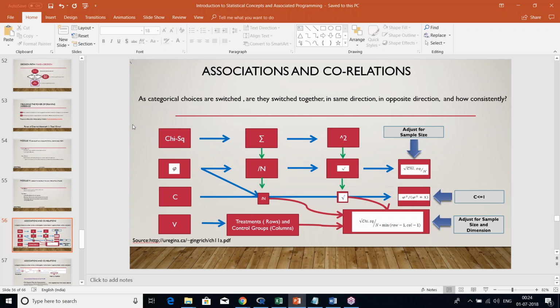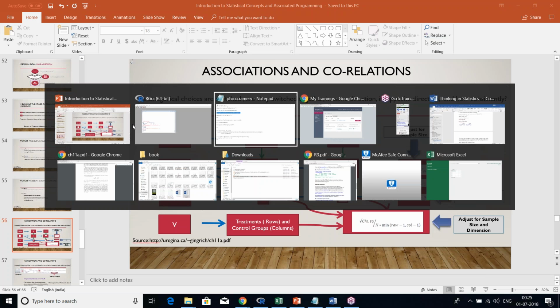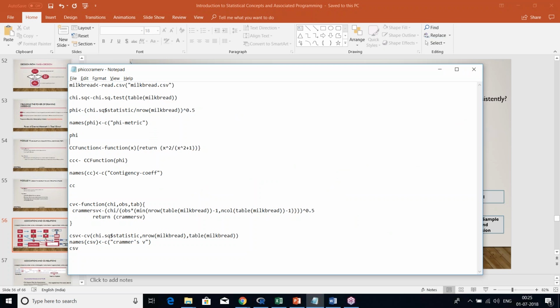Beyond this, there is also the contingency coefficient. This is another adjustment to ensure that the calculated metric stays between 0 and 1. The contingency coefficient is defined as phi squared divided by phi squared plus 1, where phi is the metric that we calculated earlier. Let's calculate that quickly.